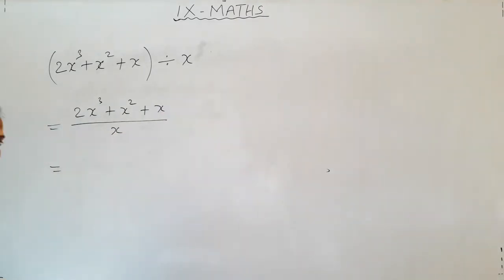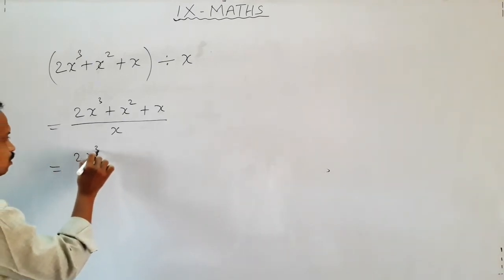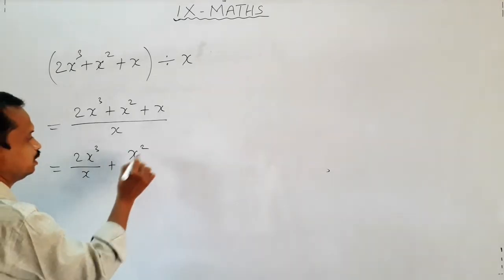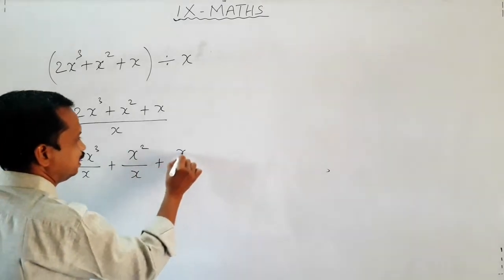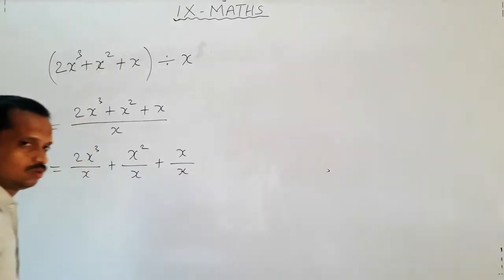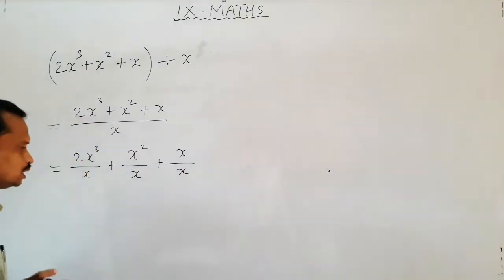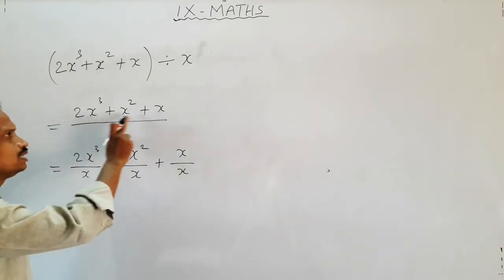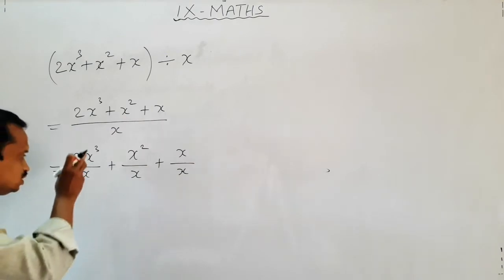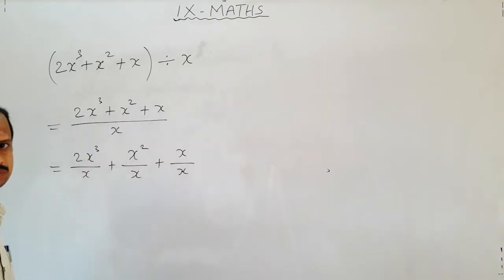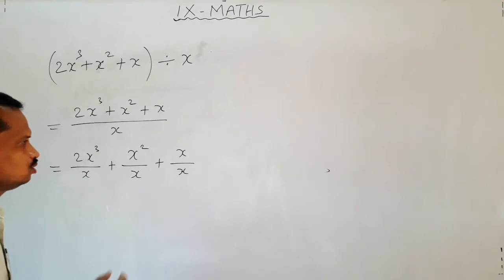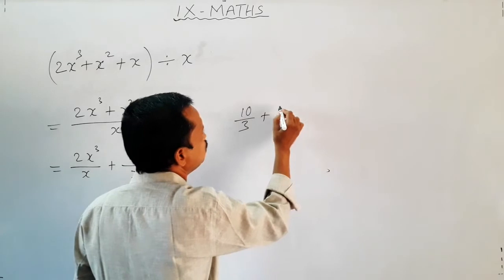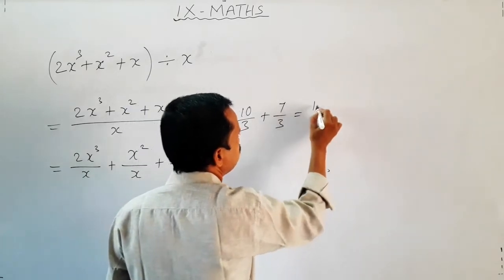And you see how I am doing: 2x cube by x plus x square by x plus x by x. What I have done here, simply the divisor is x. How many terms are there? 3. So each term separately I am dividing by x. Okay, you know, when we write like this, 10 by 3 plus 7 by 3, you can write this as 17 by 3.